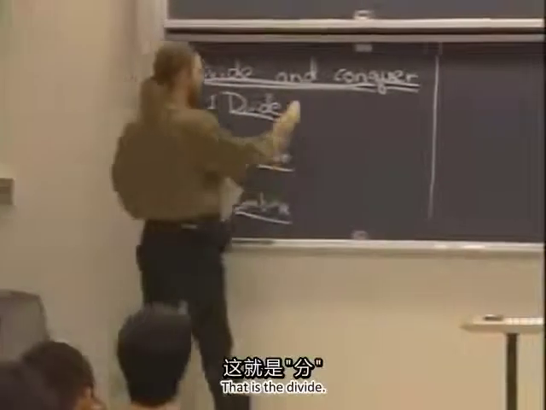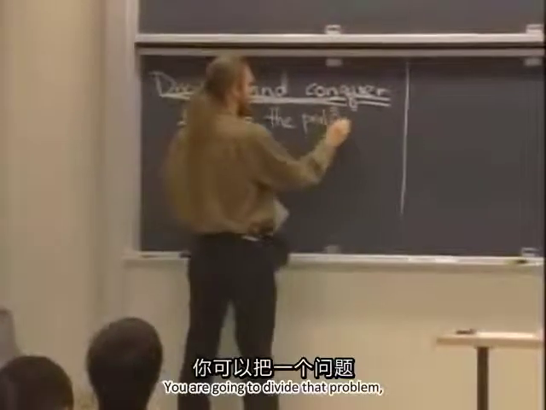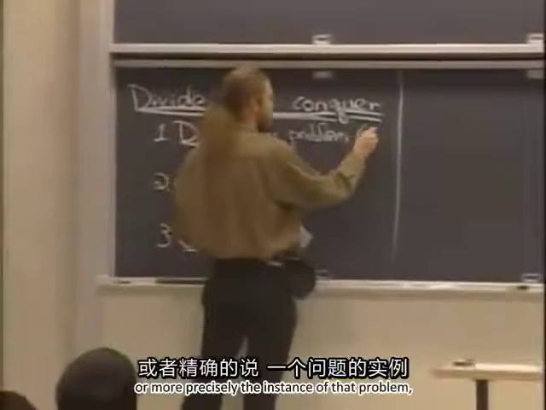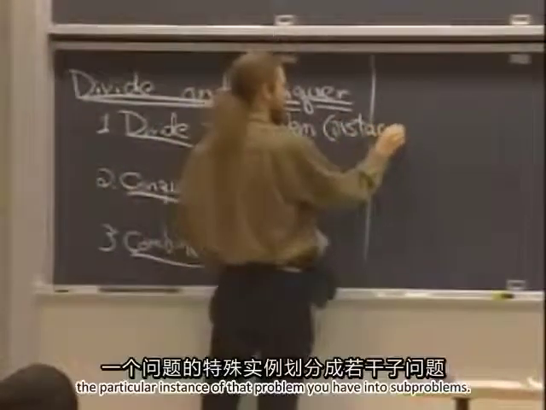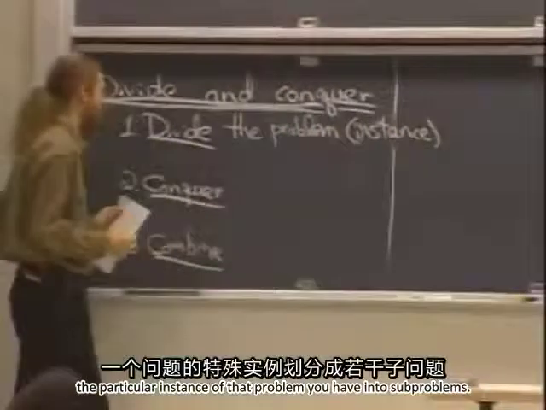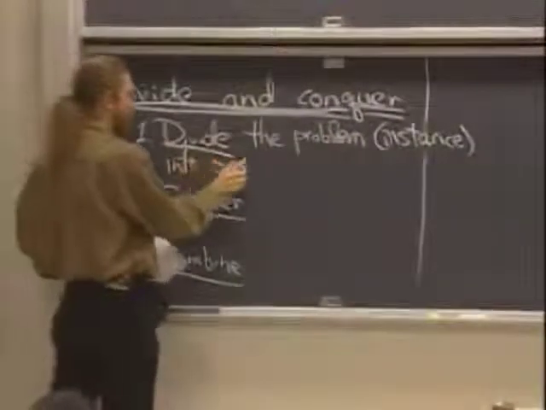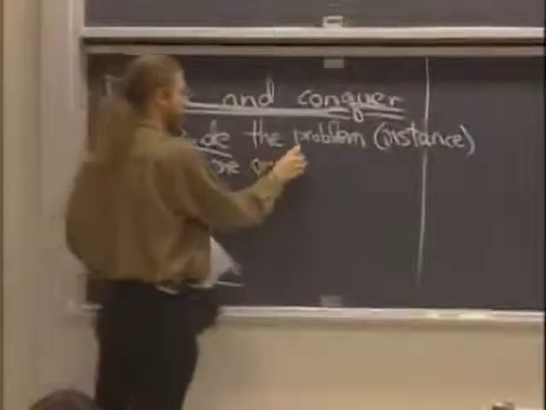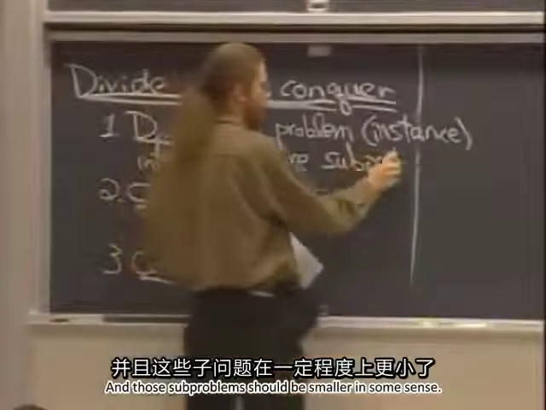That's the divide. You're going to divide that problem, or more precisely, the particular instance of that problem you have, into subproblems. And those subproblems should be smaller in some sense.